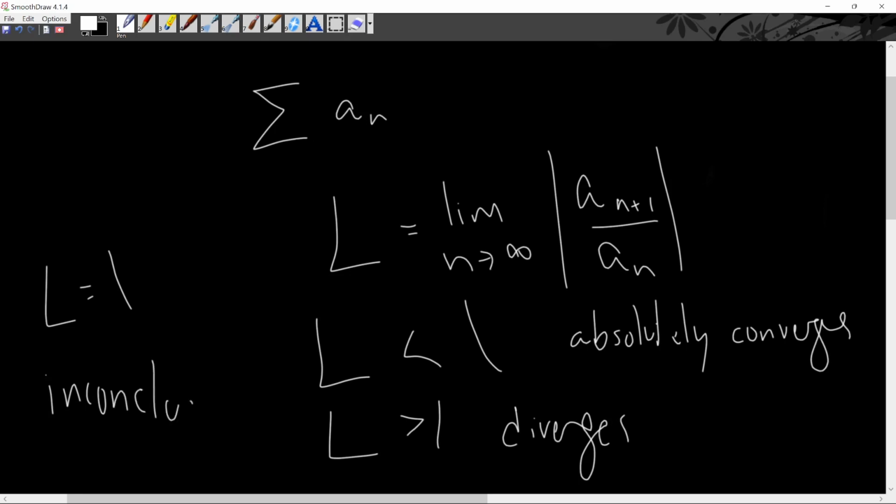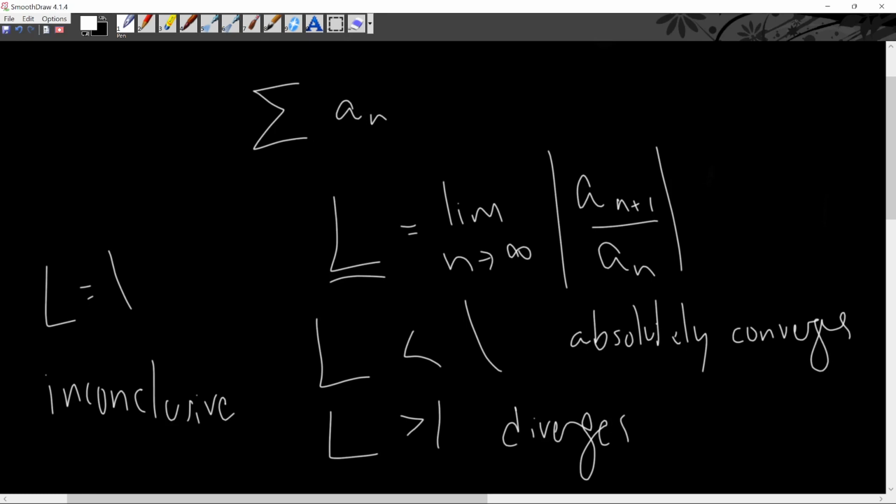So this is a bit of an easy idea to understand, but hard to really prove. But we're going to do our best. So let's work through all of the parts of this. L is equal to the limit as n approaches infinity of the n plus 1th term over the nth term.